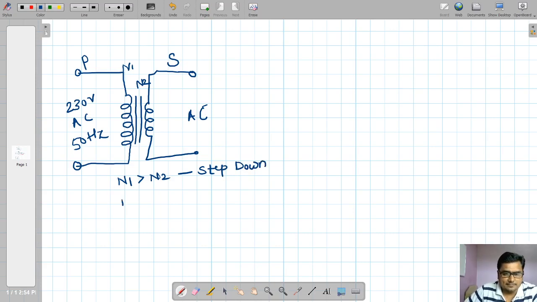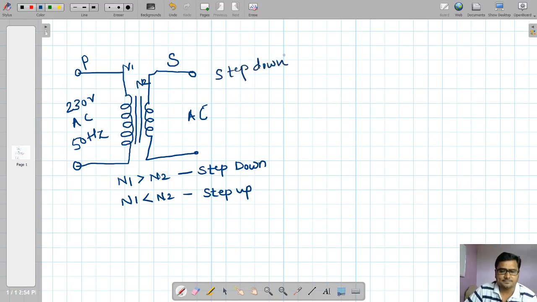And if N1 is less than N2, then the transformer is of type step up transformer. Now look here, the number of turns in the secondary, whatever I have drawn, is less as compared to the number of turns in primary, and that's why the secondary voltage is less than primary voltage, and hence it is a step down transformer. Let me write it here. It is a step down transformer.